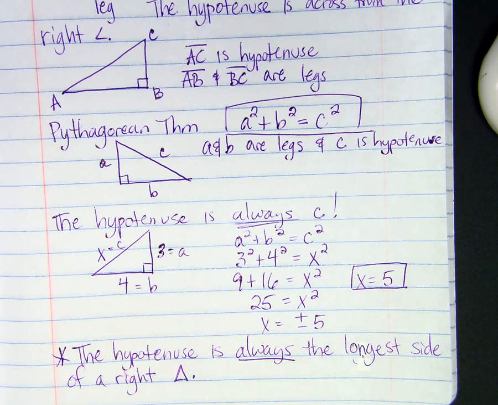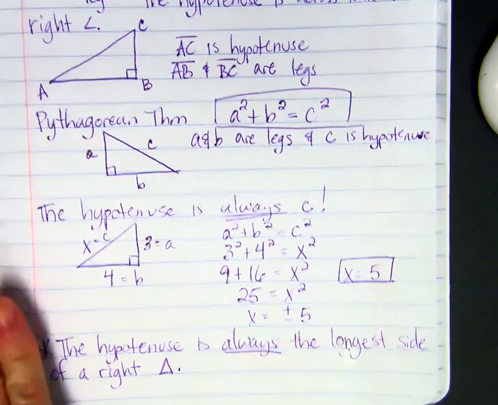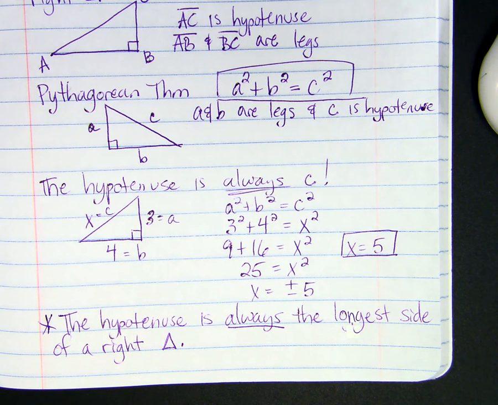And then I want to do one more question that you might see. So you can actually tell if a triangle is a right triangle if the Pythagorean theorem works.